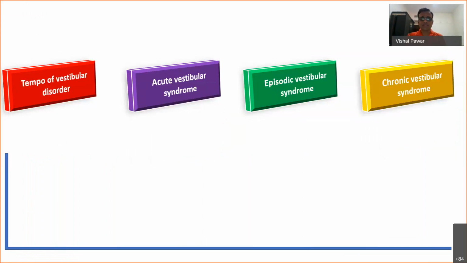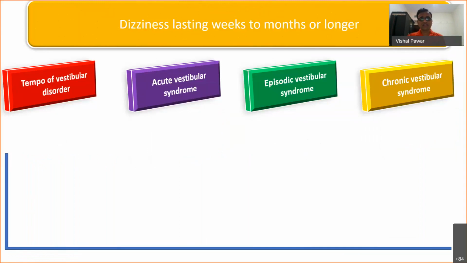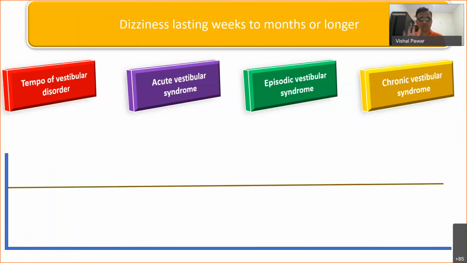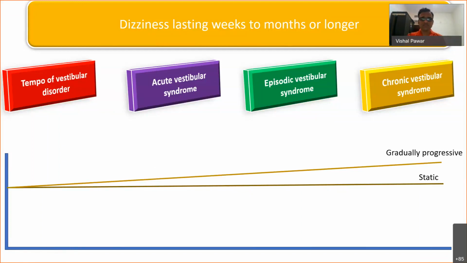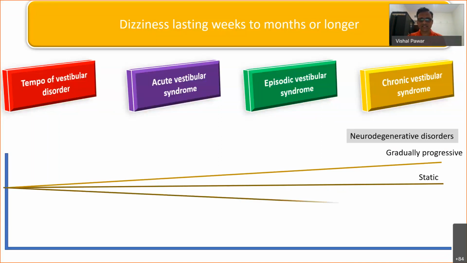Then the third pattern is chronic vestibular syndrome, in which the dizziness lasts weeks to months or longer. By definition, it should be more than 3 months, on a daily basis, most of the days in a month. And there are various patterns of various diseases in chronic vestibular syndrome. If it is insidious onset and gradually progressive, then it usually favors neurodegenerative disorders like spinocerebellar ataxias.